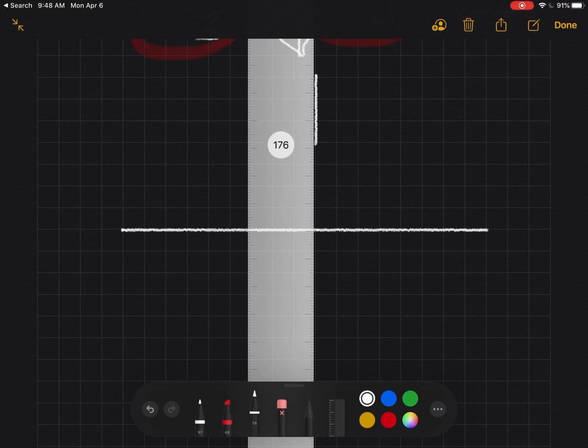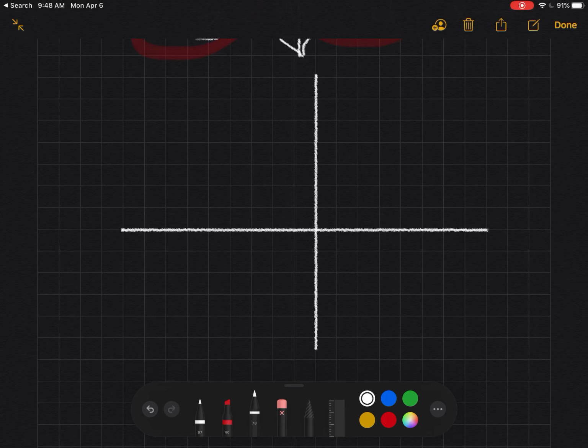So there's my x-axis, and here's my y-axis. And there's my arrows to show that we keep going. We just keep going forever and ever in all directions. And I want to show you, here I'm going to give us some numbers so that we know what we're working with. 4, 5.